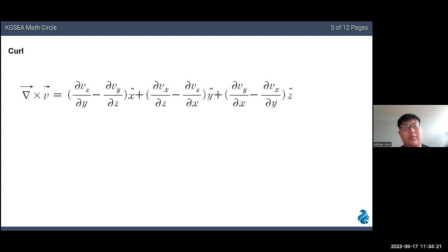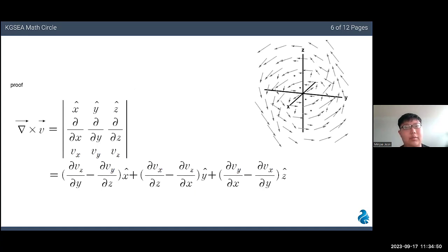Because curl is a form to calculate the rotation of the function, it is also important in defining a function's movement. We can determine the rotation by the scalar amount in front of the unit vector. If it is negative, it rotates counterclockwise. And if it's positive, it rotates clockwise. And if it is 0, there is no rotation in the function.